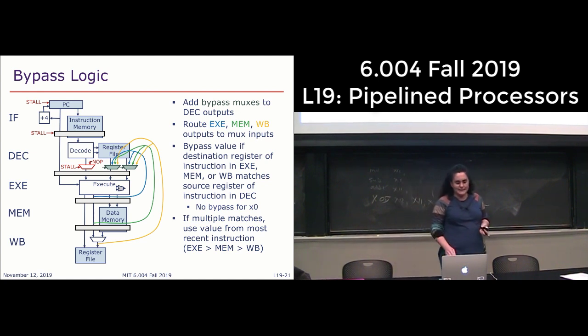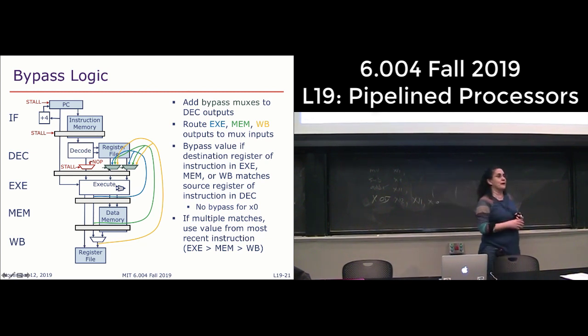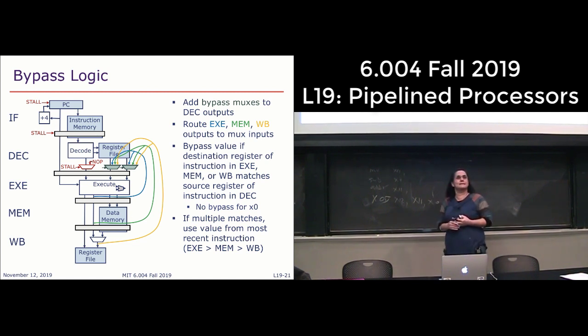So what that means is that if I'm writing to x11 in both, let's say, the execute and the write back stage, I'm going to use the bypass path from the execute instead of the write back. So the one that is the latest instruction is the one that takes precedence. Okay? Any questions about that? All right, good.